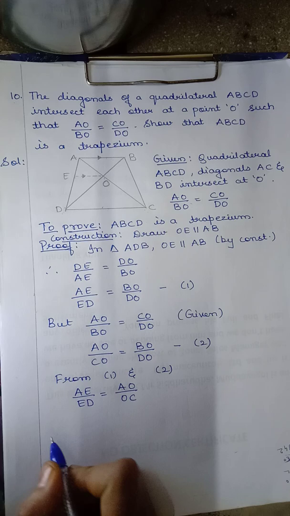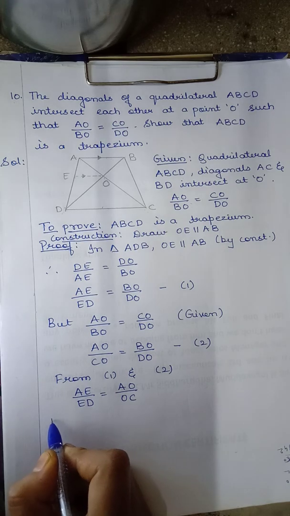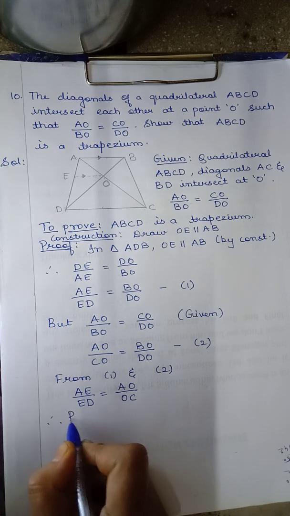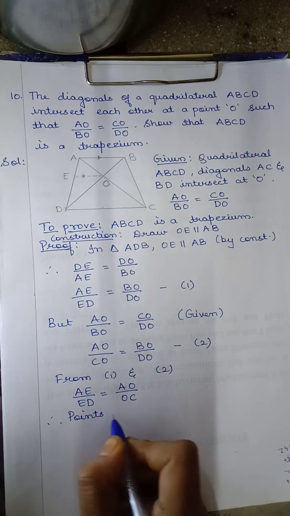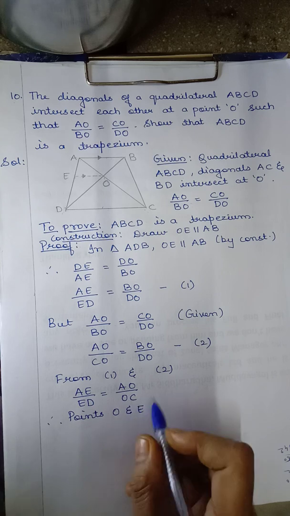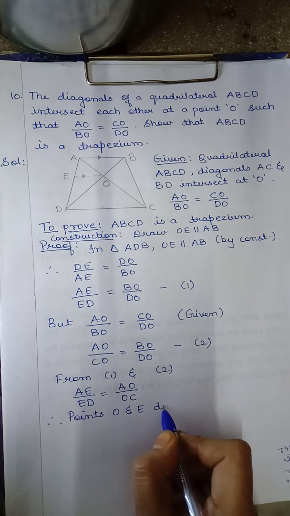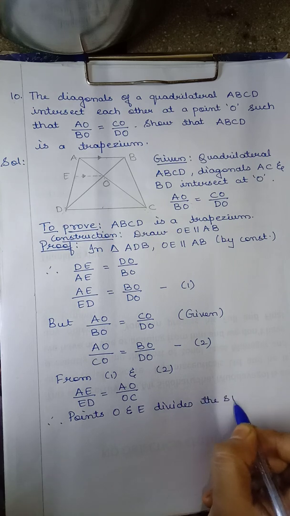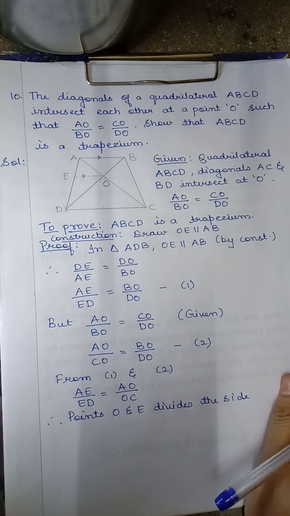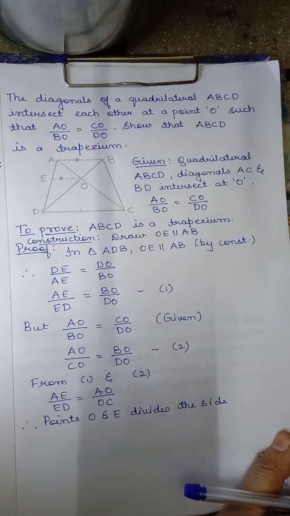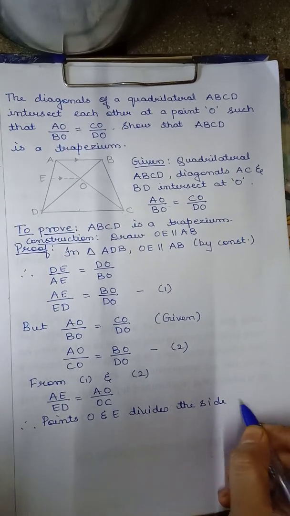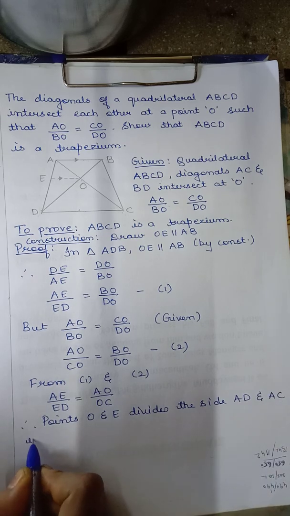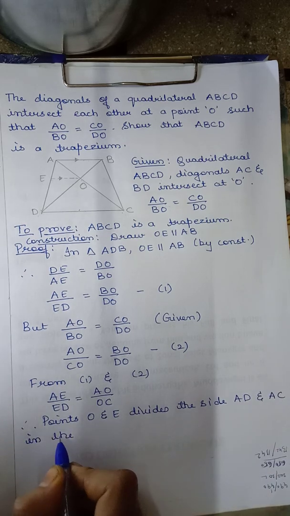Let us write this. Therefore, points O and E divide the sides AD and AC in the same ratio.